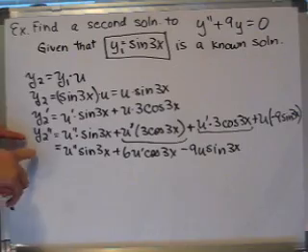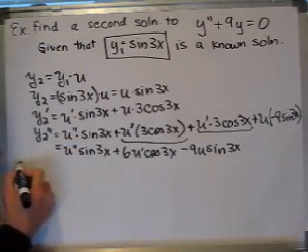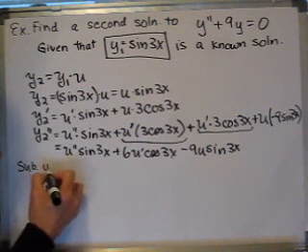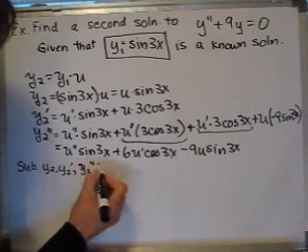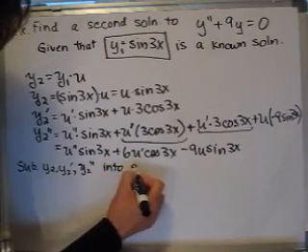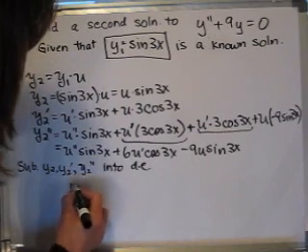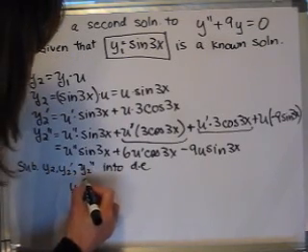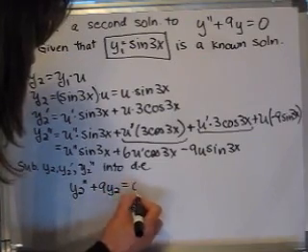Now I need to plug the y2 and its derivatives into the original differential equation. So we're going to substitute y2 prime, y2 double prime into the DE, and we're going to get y2 double prime plus 9y2 equals 0.